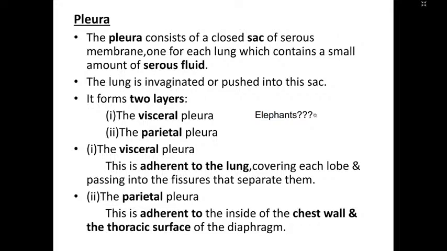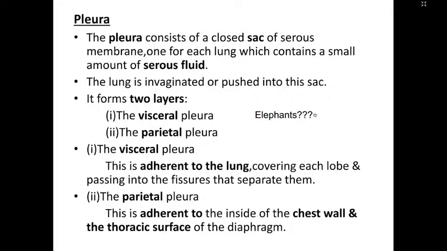And the pleura is a small sac-shaped serous membrane. There is a visceral pleura and the parietal pleura. So there are two layers. They are very close to each other. They approximate each other. There is a very, very thin layer of pleural fluid. In a healthy person, there will be very, very little pleural fluid, which is not demonstrable on clinical examination.